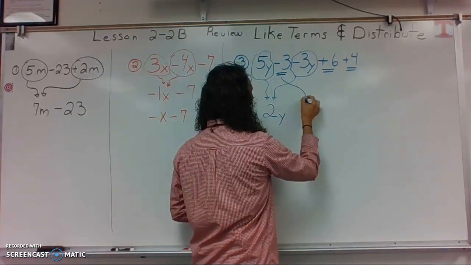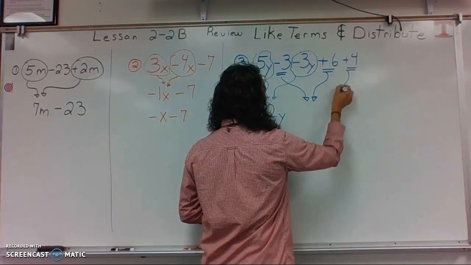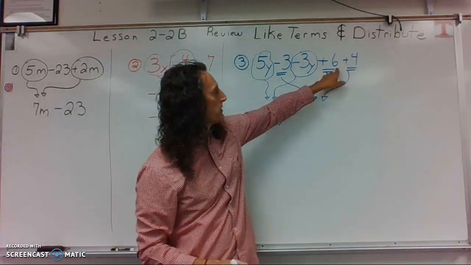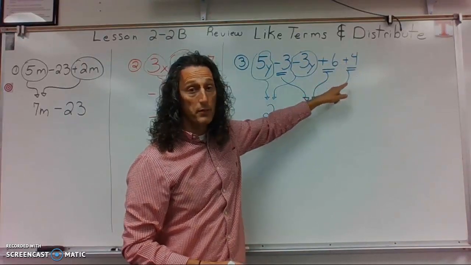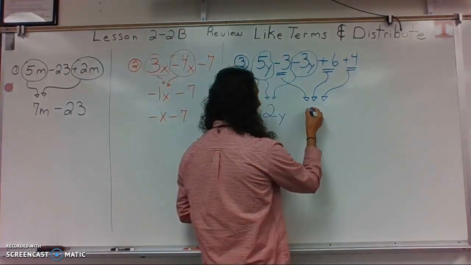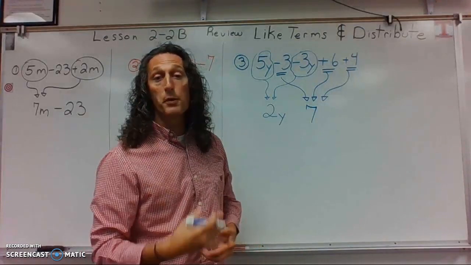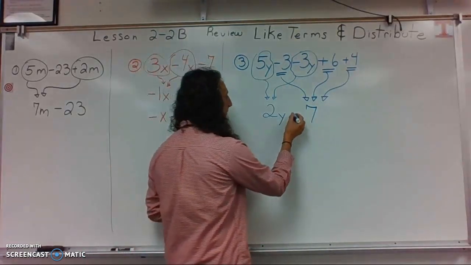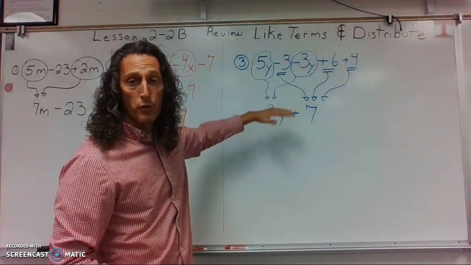But again, remember, they are different from my yo-yos because they don't have anything. So I can go 6 plus the 4 because they're both positives, so I can get 10. But then this is a negative 3. I have to subtract. So that gives me a 7. And if it just gives you a plain 7, then just put a plus sign. If it gives you a minus 7, then it would be a minus 7.